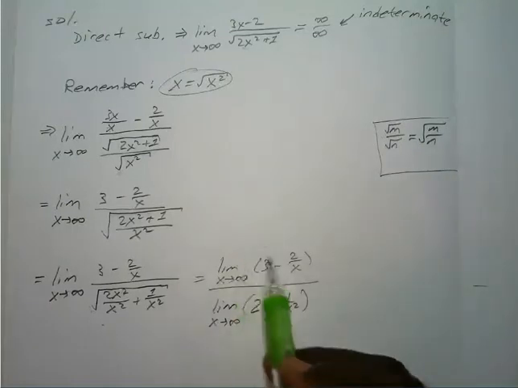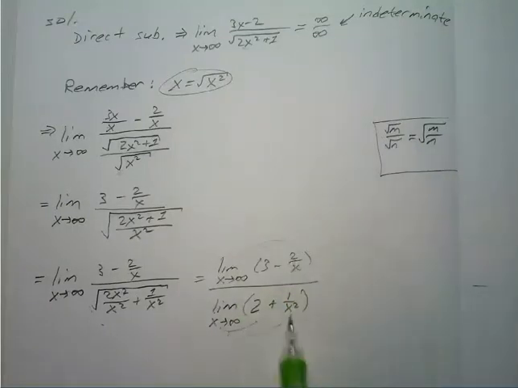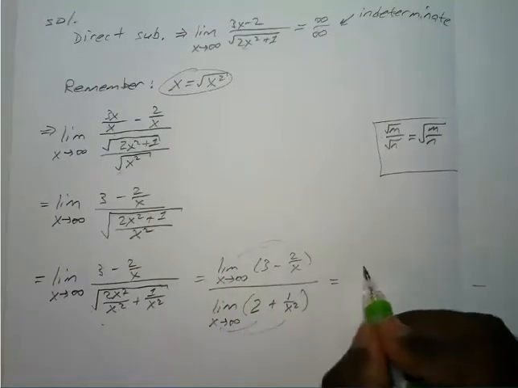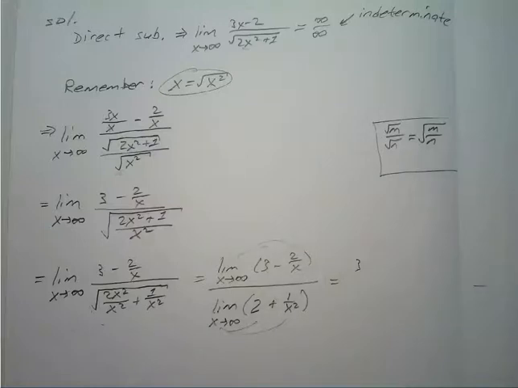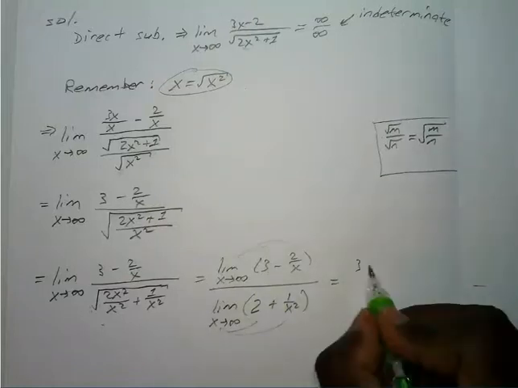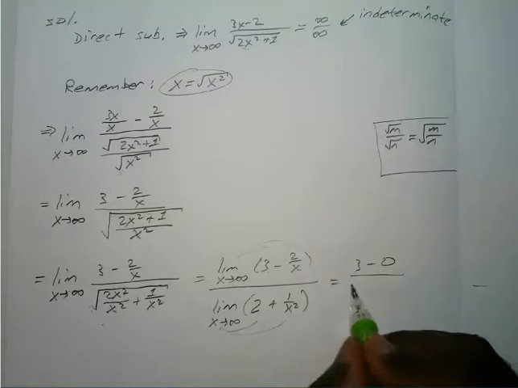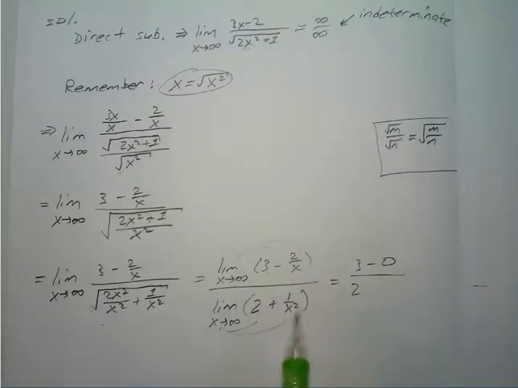And again, once we distribute those, we can go ahead and solve. So the limit of a constant is just that constant, so that's still going to be 3. Now the limit of 2 over x, x is just going to keep getting bigger, so this is going to get closer and closer to 0. So minus 0 over the limit of 2, which is just 2. And you have 1 over x squared.